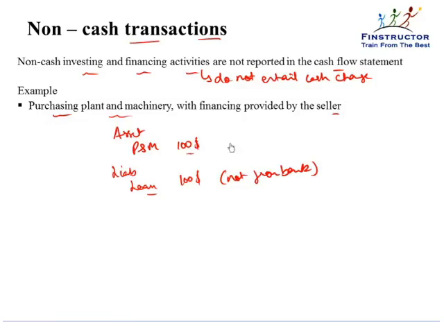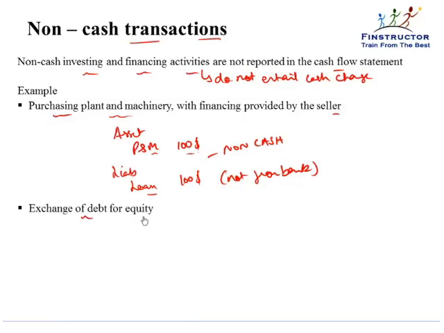It is the same seller who has sold me the asset and simultaneously given me a loan. So I never had to pay anything. I will repay this obligation over a period in time. At the moment, an asset has come in my books to the tune of $100, and correspondingly a liability has gone up by $100. So this is a non-cash transaction. It will not be recorded in the cash flow statement.